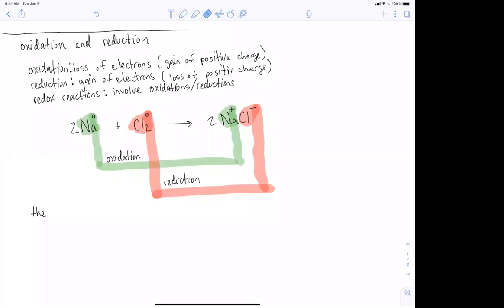The species that is being oxidized is the reducing agent.